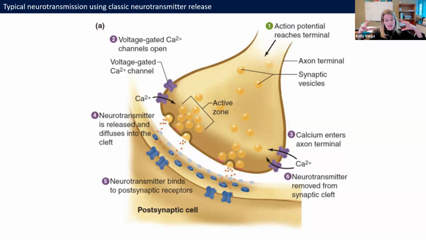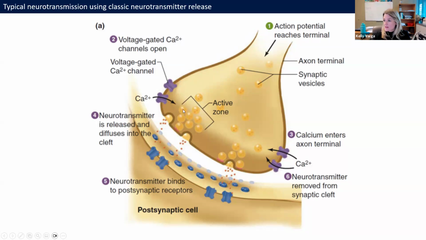Calcium is higher on the outside of the cell than it is on the inside of the cell. I'm using the exact same principles that I was using to generate an action potential, but now I'm switching from sodium and potassium to calcium. So now in comes my calcium. It's going to bind to my little synaptic vesicles right here, at my loading dock, which is my active zone.